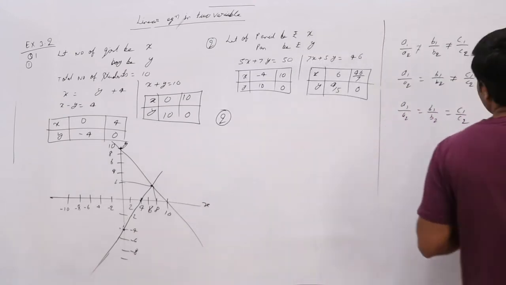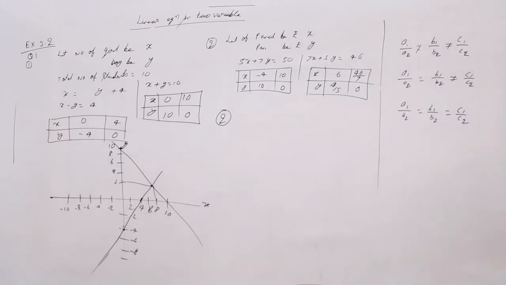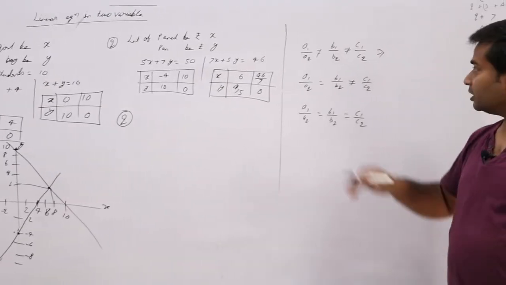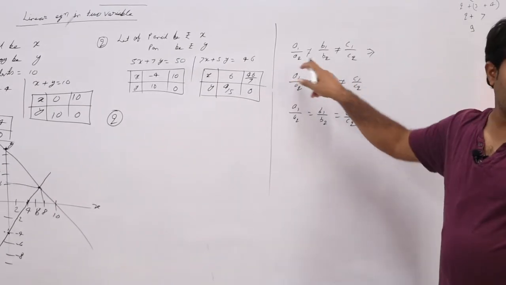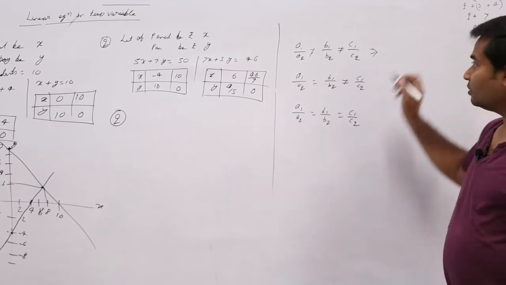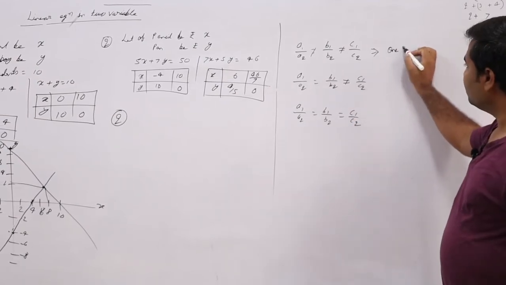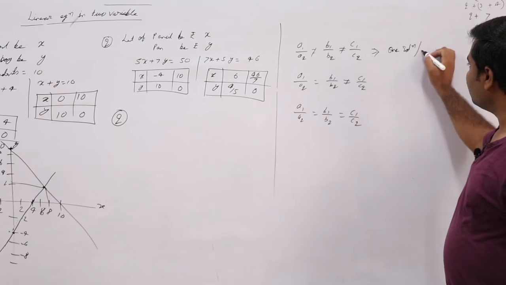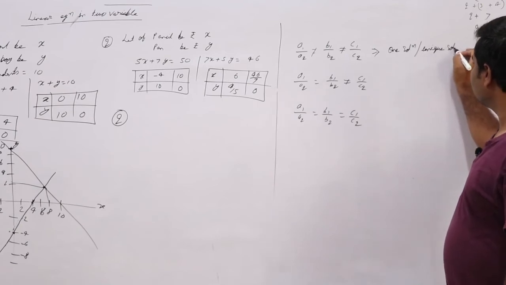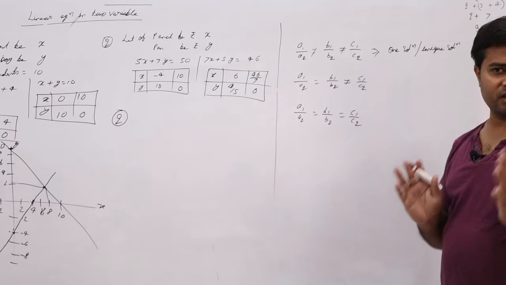Acha, if all are not equal, which kind of solution will we get? We will get 100% one solution. One solution or unique solution. Unique means 100% one only.